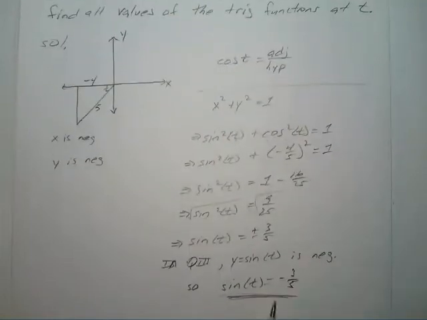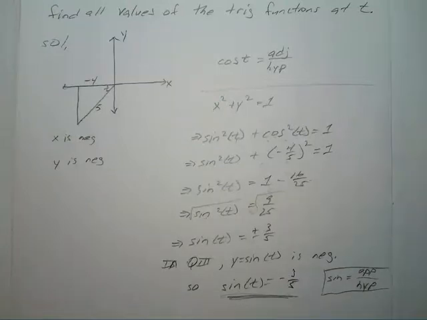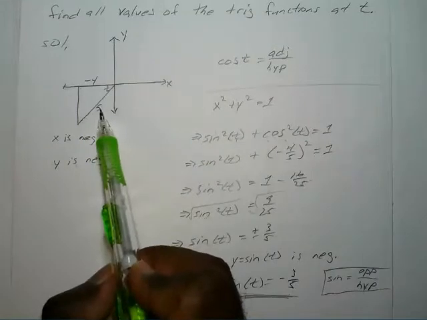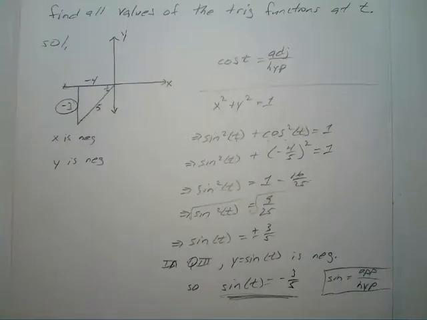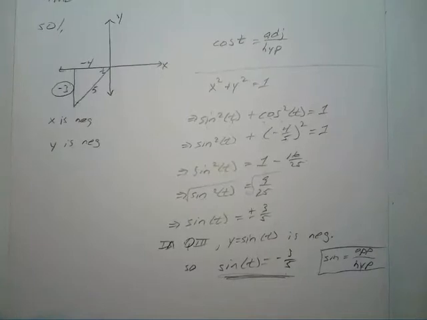Now, since sine is opposite over hypotenuse, that means this is our negative 3. So that kind of helps you visualize it. Now we can use this sine and the cosine that we started with and figure everything else out.